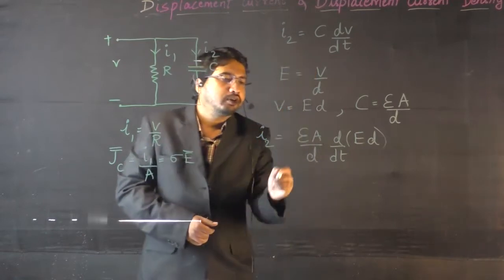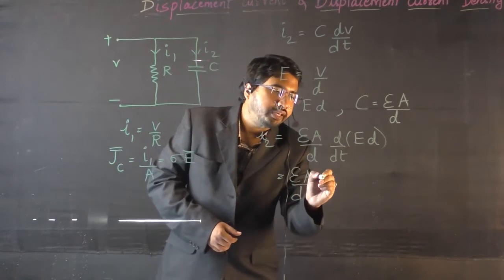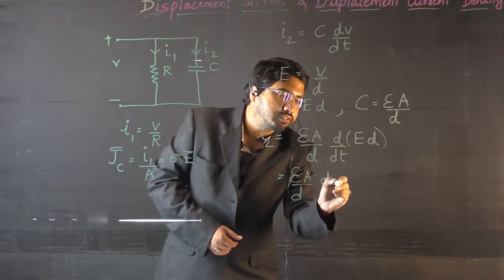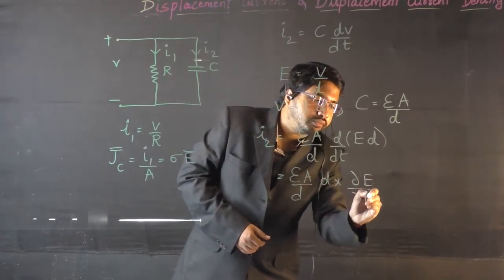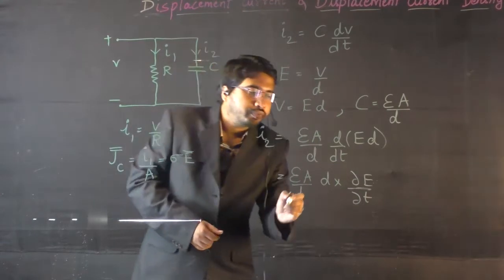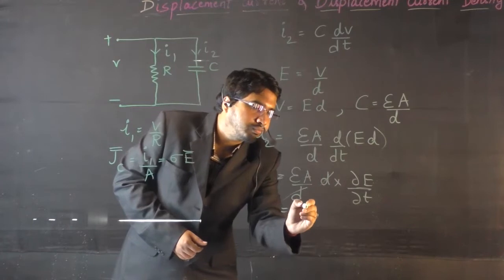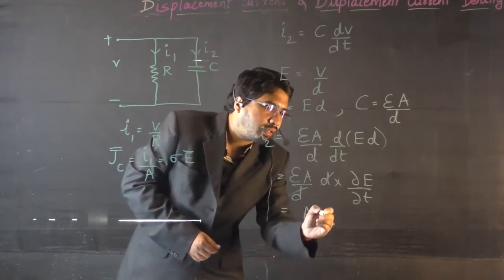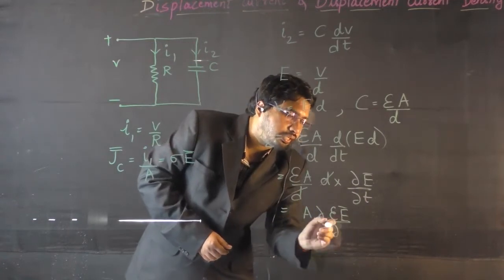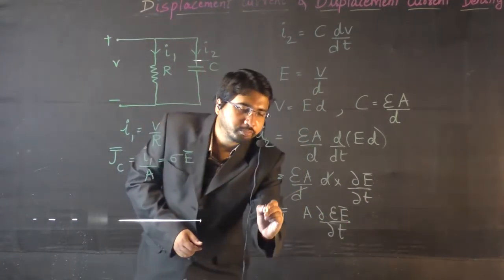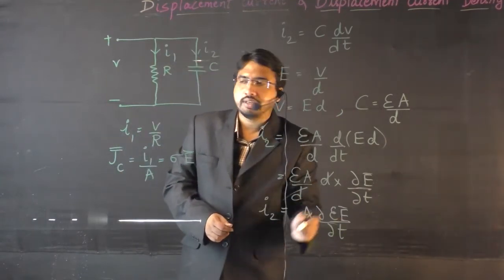Now epsilon A by D, if I take this D as a constant outside, this will become dou E by dou T. Now this D will be cancelled, and if I send this epsilon inside, A into dou epsilon E bar by dou T. So your displacement current I2 is equal to A into dou epsilon E bar by dou T.